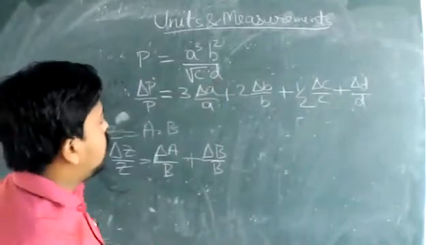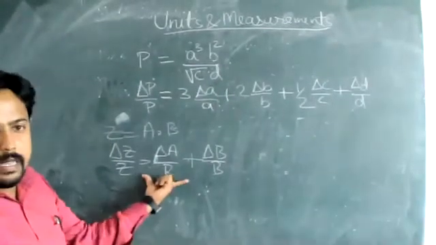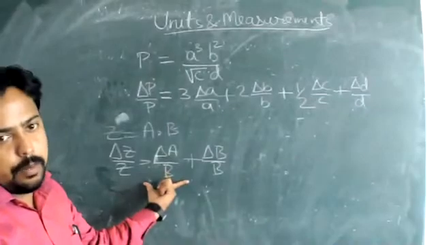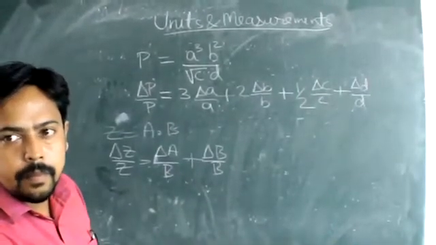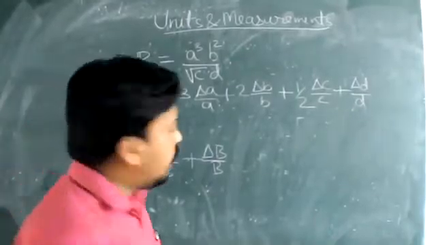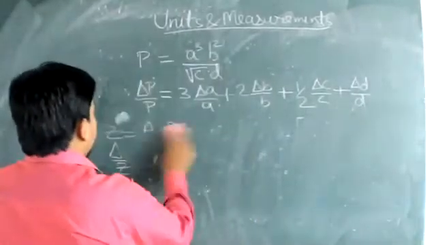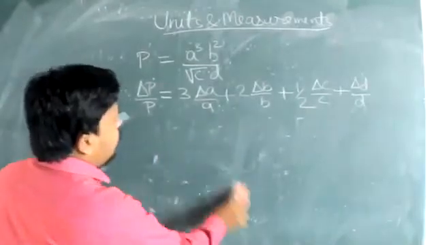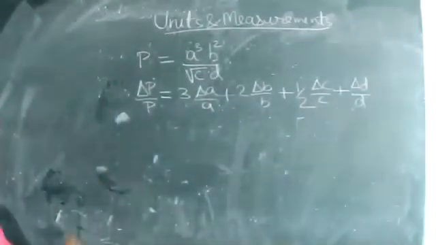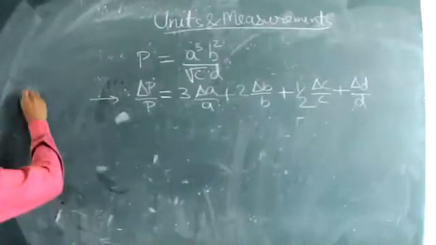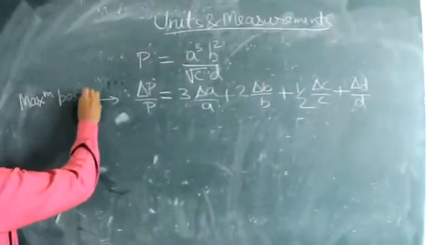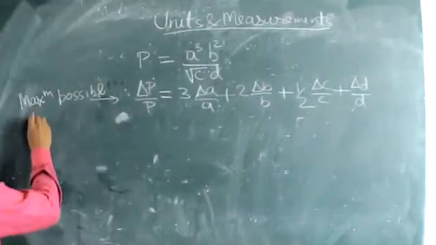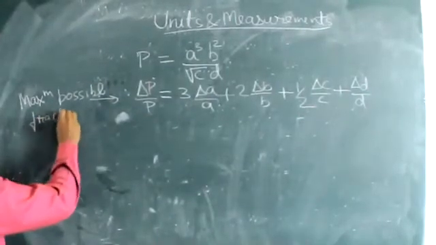So now what do we do? We have written it in the same format as we derived earlier for multiplication of two physical quantities. This is the value of the maximum possible fractional error.